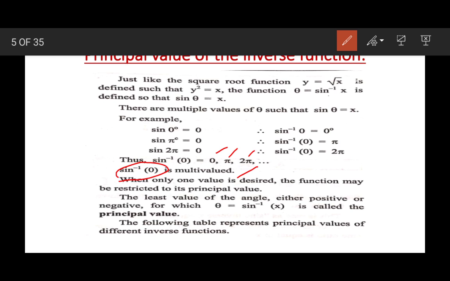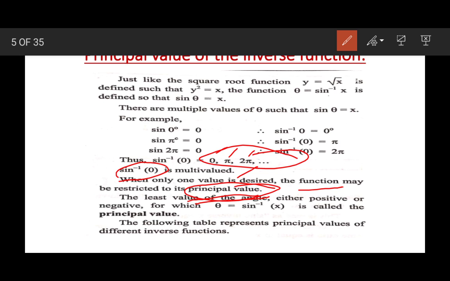So when only one value is desired, the function may be restricted to its principal value. Okay? So when we are interested in only one value, and not in n number of values, then what we have to do is restrict the function to its principal value.